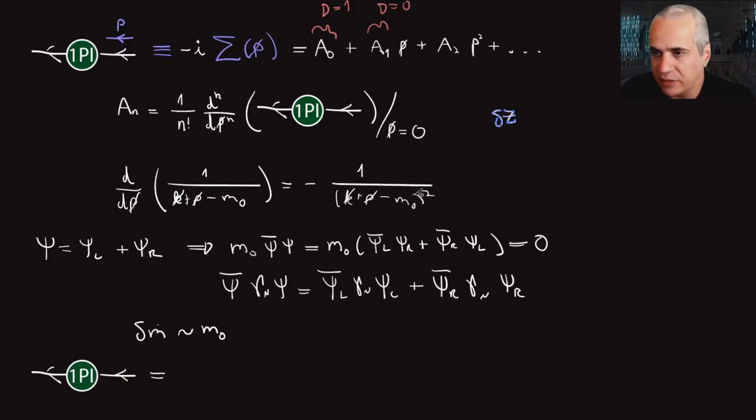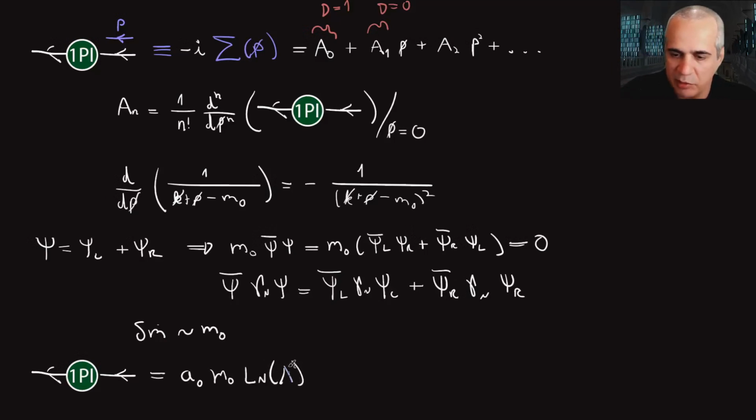So this part needs to be proportional to m0, times some other coefficient, let's call it little a0, and then a cutoff. But I cannot now put something linear in the cutoff because this has the wrong dimension. This guy has dimension of mass. So at most, this can be proportional to the log of lambda, which is adimensionless. Of course, there's some other number that goes here, as we have seen.